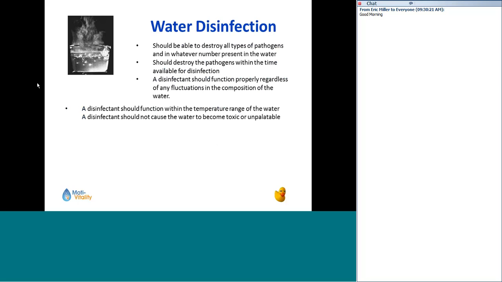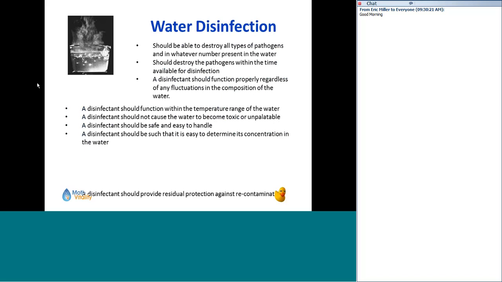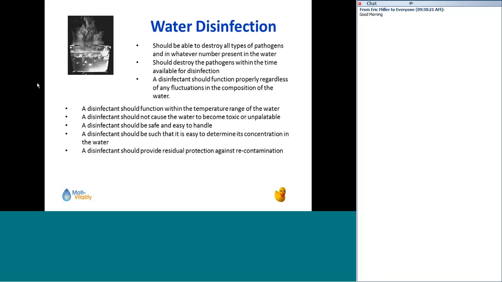A disinfectant should not cause the water to become toxic or unpalatable. It should be safe and easy to handle, and it should be easy to determine its concentration in the water. A disinfectant should provide residual protection against recontamination. Not all of them do, but they should.